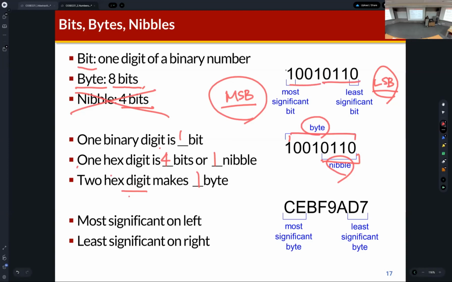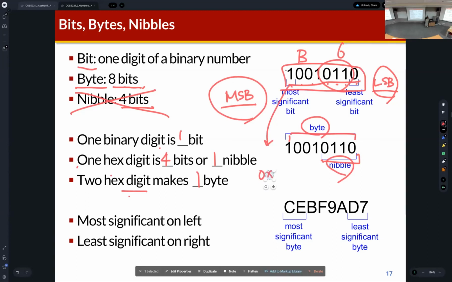This is 1001 and then 0110. 0110 is the 6 in hexadecimal, and 1001 is the B, right? So we can represent this binary number in hexadecimal like 0xB6.